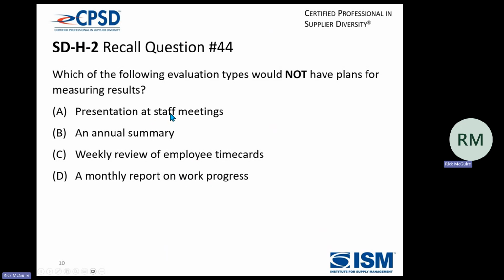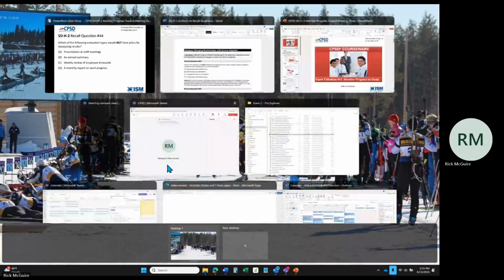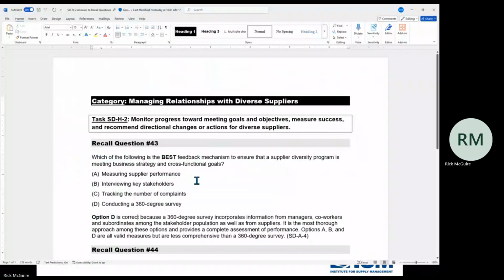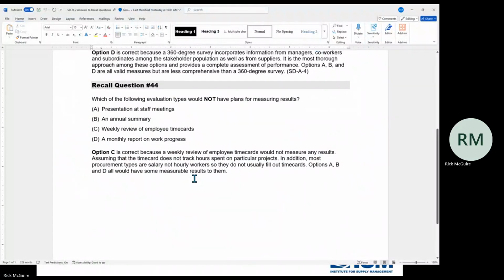So presentation at a staff meeting would probably be the answer, one would hope. Weekly review of employee time cards, okay. Correct, because a weekly review of employee times would not measure any results, assuming that the time card does not track hours spent on particular projects. That's just a weird question, double negative.